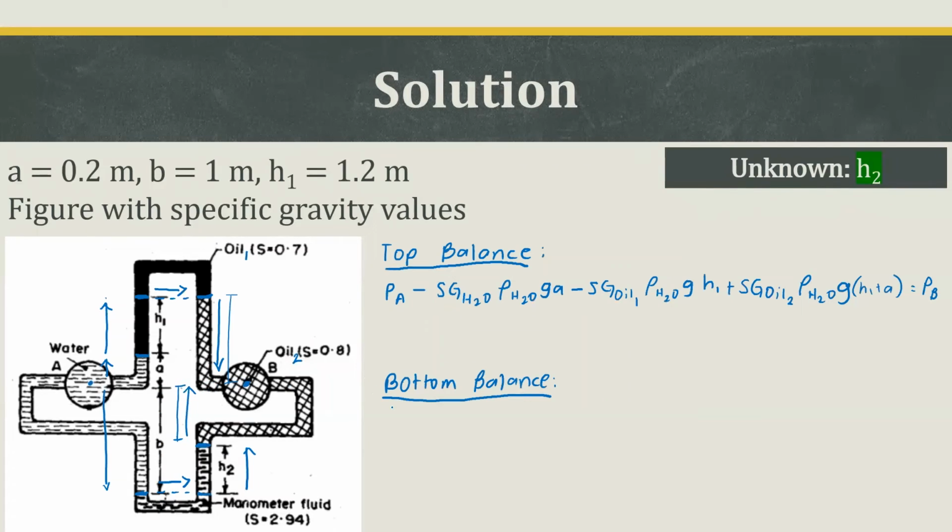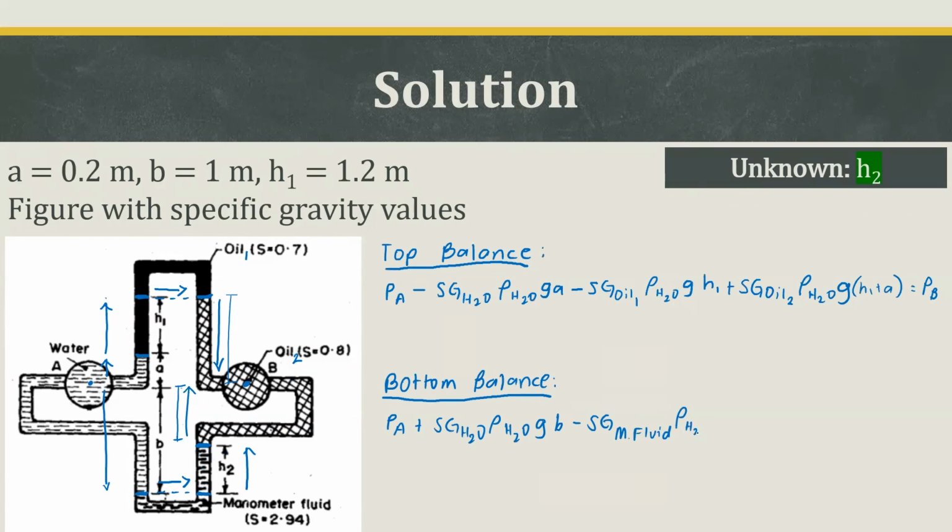So we write the pressure balance. From point A, we go down. So that's plus specific gravity of water, density of water, gravity, and then the height B. Then at this point, it's equal to this point. So now we go up, so minus specific gravity of the manometer fluid. Let's name that as M fluid.